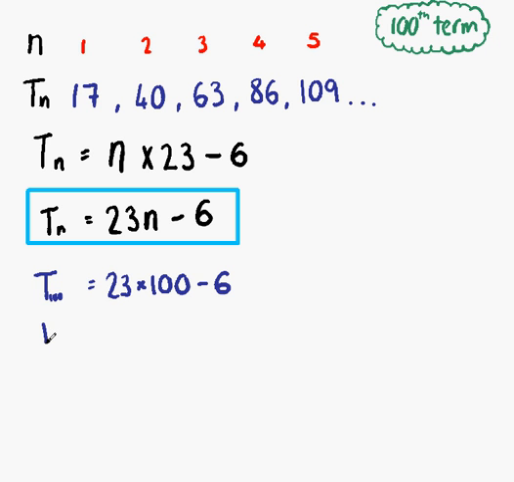So T100 equals 23 times 100, which is 2,300. We know we still need to subtract 6. So our 100th term is 2294.